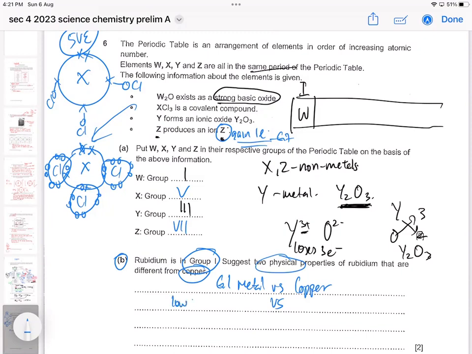So expected to be a low melting and boiling point. Copper is expected to have a high melting and boiling point. How do I know? Because the metals in the middle of the periodic table, the transition metals, have properties that are very typical of what you perceive a metal to be.